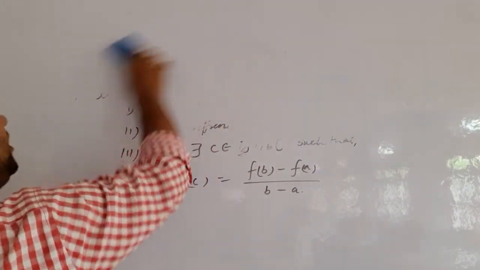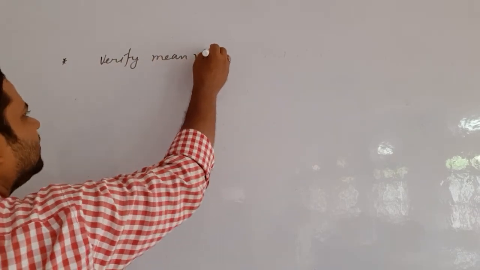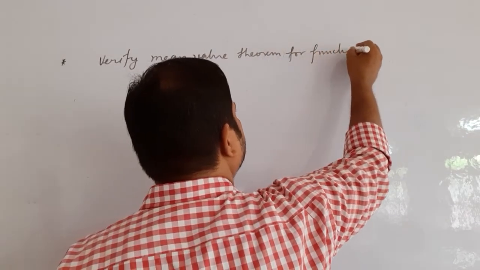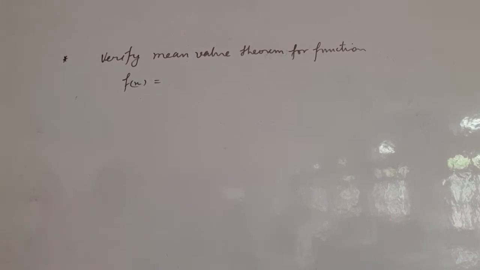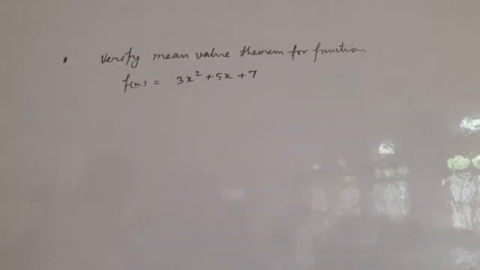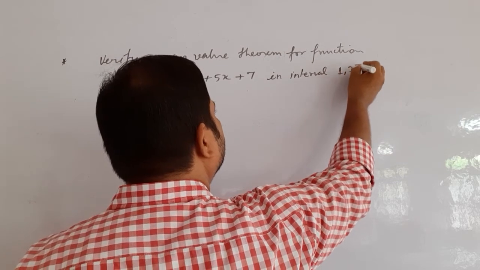Verify mean value theorem for the function f(x) is equal to 3x square plus 5x plus 7 in the interval 1 comma 3.